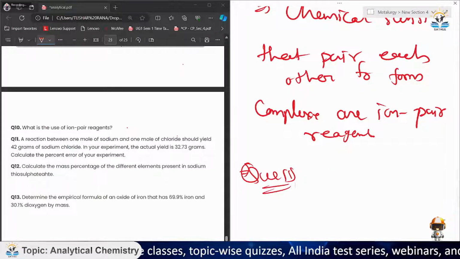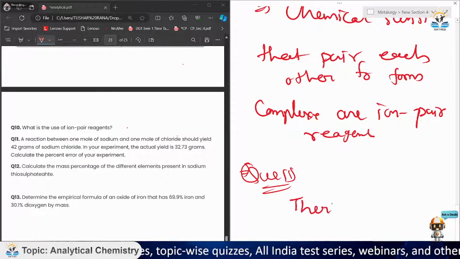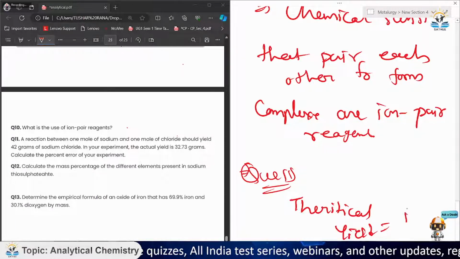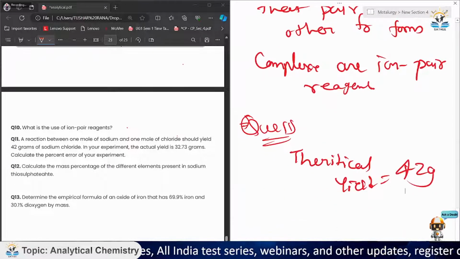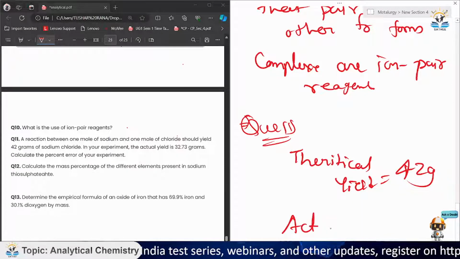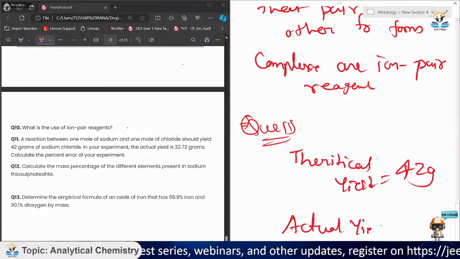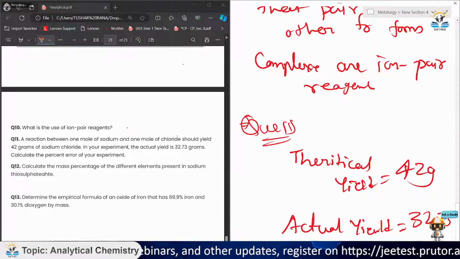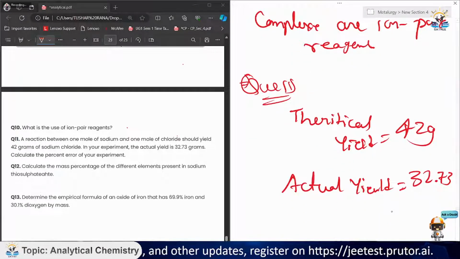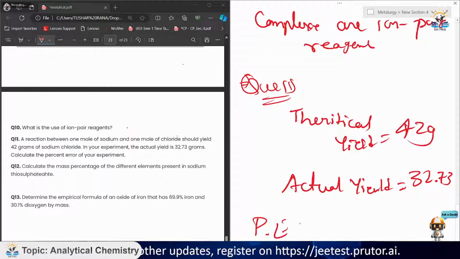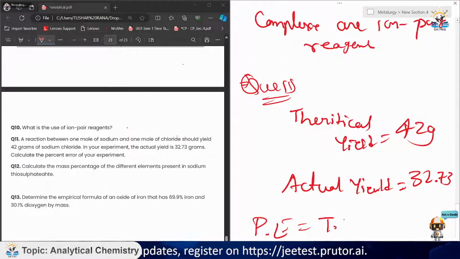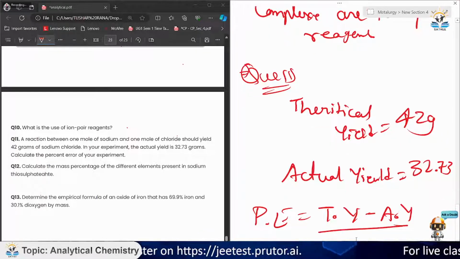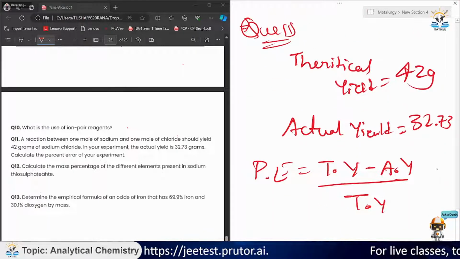See, we are given the theoretical yield as 42 gram, and the actual yield is 32.73 gram. Okay, now what is percentage error? Percentage error is basically theoretical yield minus actual yield, divided by theoretical yield, into 100.